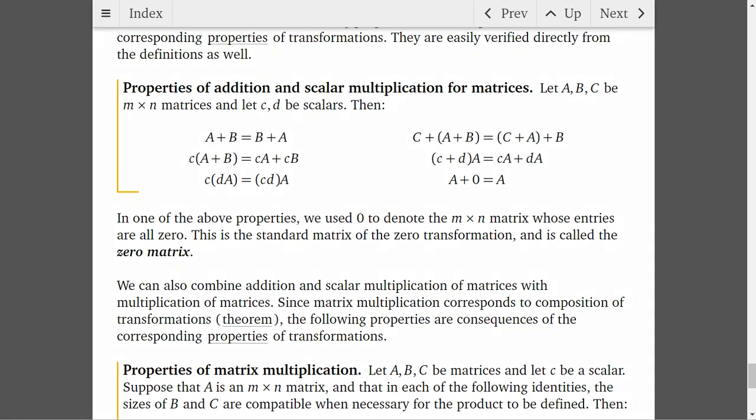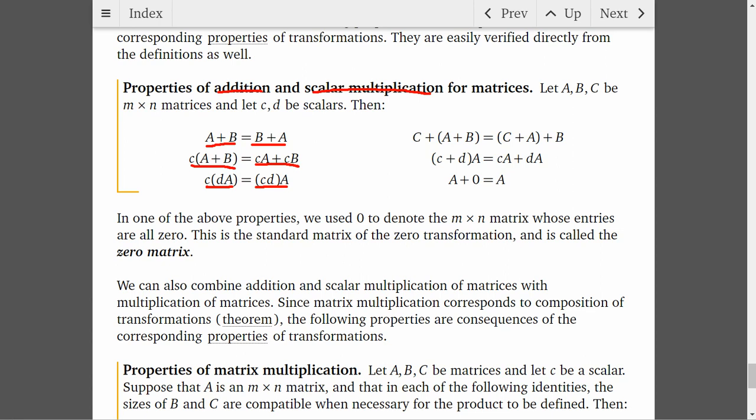They go over the properties of addition and scalar multiplication for matrices, and these are the things that are true. Addition is commutative. I can add in either order. And scalar multiplication distributes over matrix addition. And scalar multiplication is commutative.